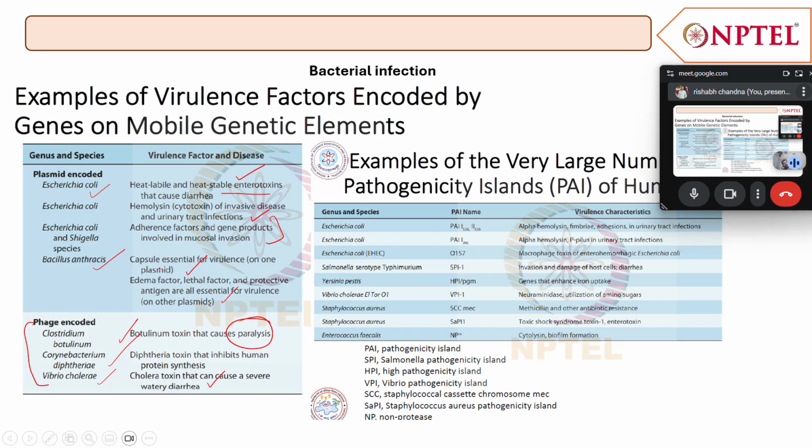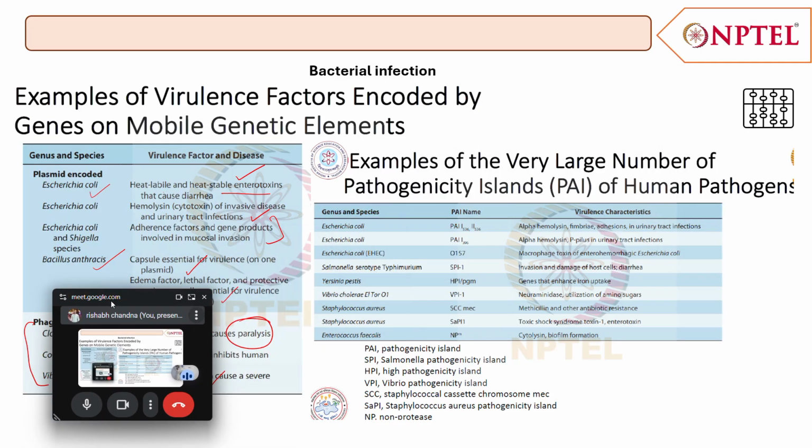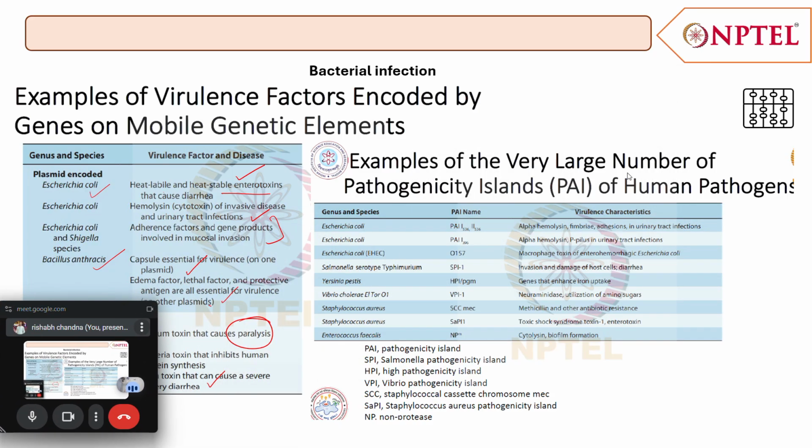Then we have the examples of pathogenicity islands that are present in human pathogens. Pathogenicity islands are named PAI. For example, in E. coli we have S36, which carries alpha hemolysin and fimbrial adhesins in urinary tract infection.